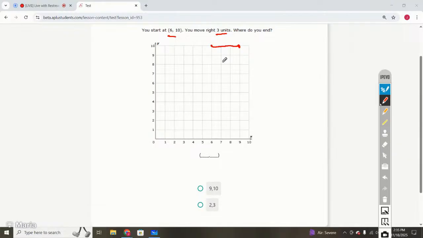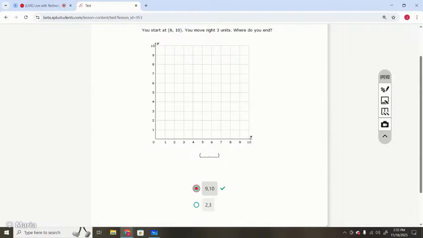That is 9 and 10. Option number 1 is the correct option.